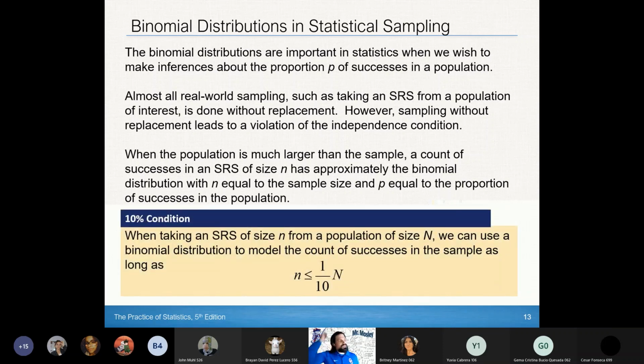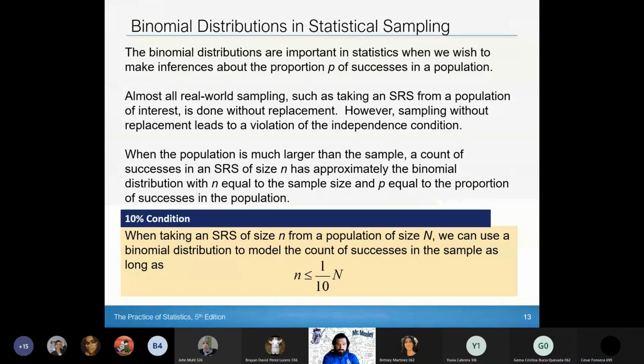This brings us to our 10% condition. When taking an SRS of size n from a population of size capital N, we can use a binomial distribution to model the count of successes in the sample as long as n is less than or equal to 1/10 of capital N, meaning that the size of our sample must be less than or equal to 10% of the entire population we are sampling.